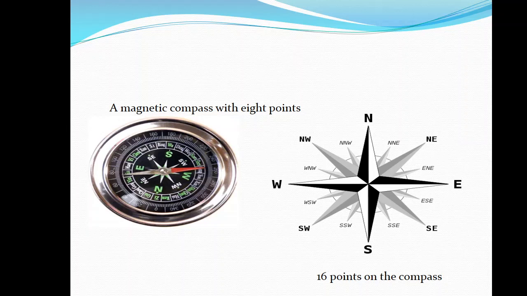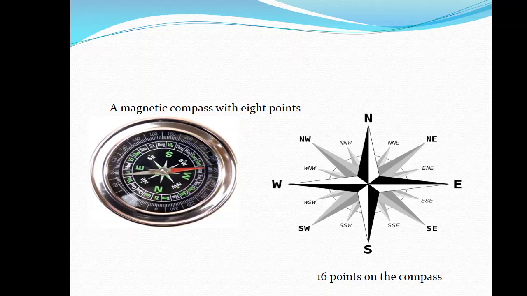On a magnetic compass, the needle is always pointing at the true north. Okay, let us look at the 16 points on the compass in this star-like image.